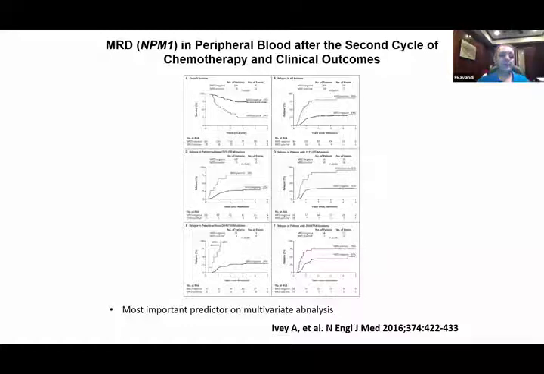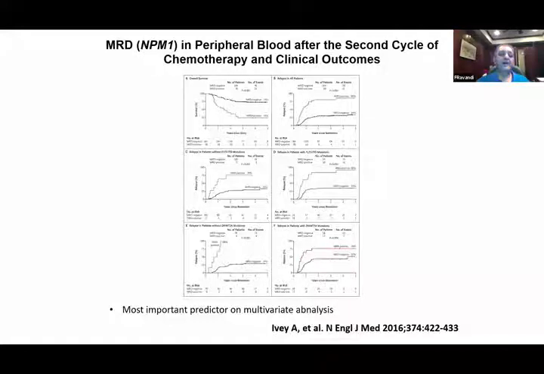So for example, NPM1 mutations occur in about 30% of AML and about half of all normal karyotype AML. And this data, again from David Grimwade's group in the UK, showed that using peripheral blood monitoring for NPM1 mutations, the likelihood of relapse was much higher if you were positive after 2 courses of induction for persistent NPM1 mutation, obviously in a patient who was NPM1 mutated at the onset.